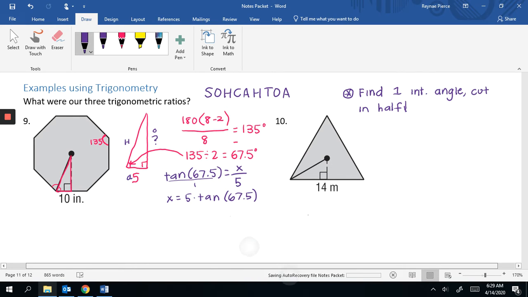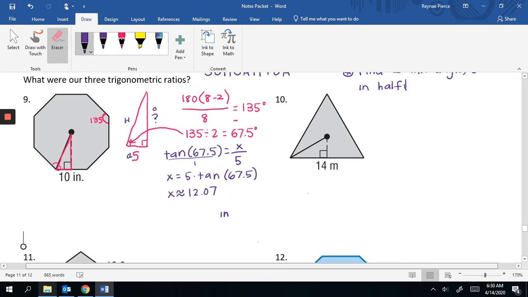And that tells me that my apothem is about 12.07 inches. We'll go ahead and round these apothems to the nearest hundredth.